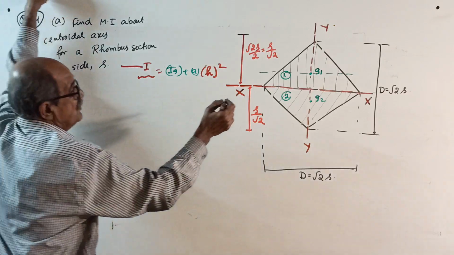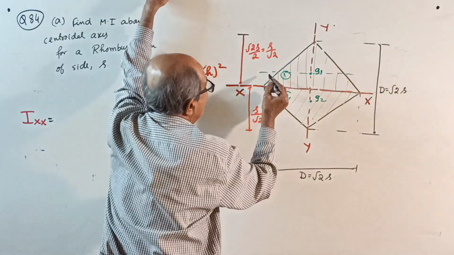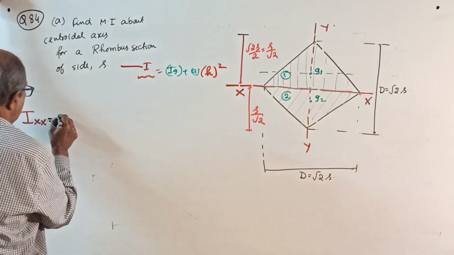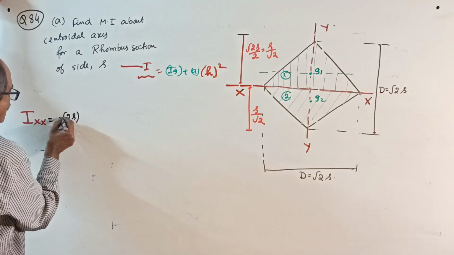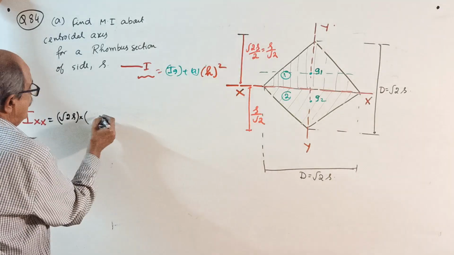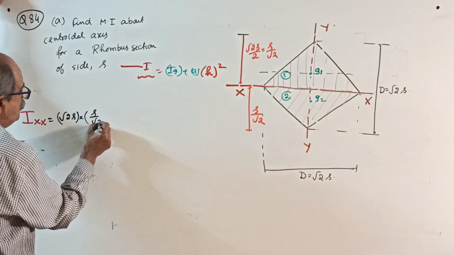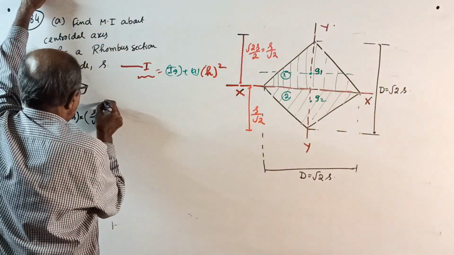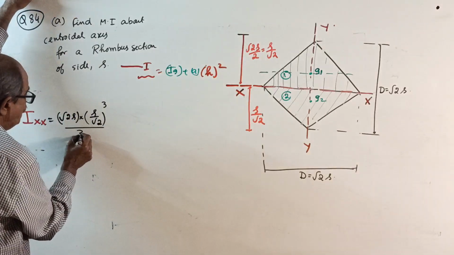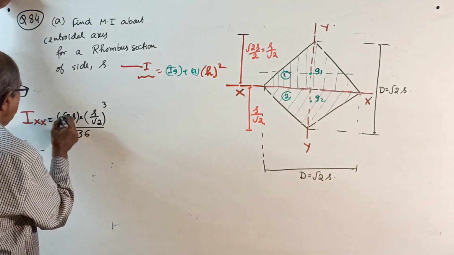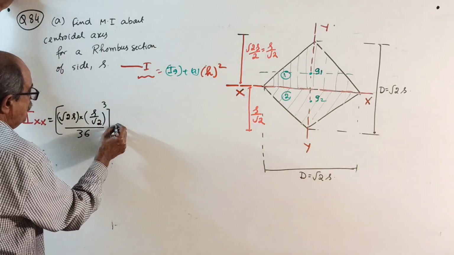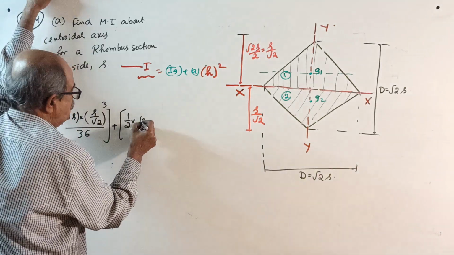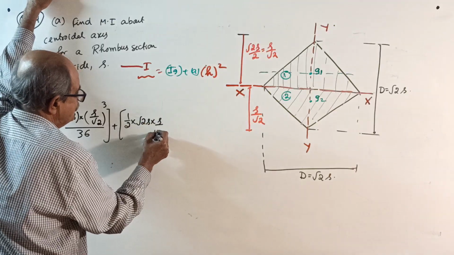Okay. Ixx. I about xx equals, start once again. For the upper triangle, I about its own axis, parallel root 2s. Root 2s is one side, base, into s by root 2, height cube, divided by 36. Why? This you know, it's the centroidal axis. This is your Ig, plus area, half into root 2s into s by root 2.